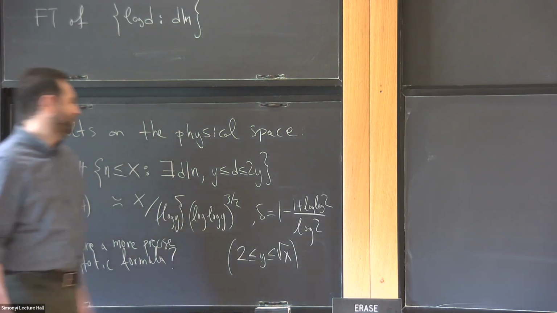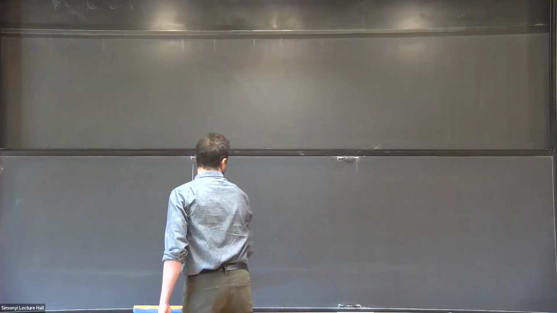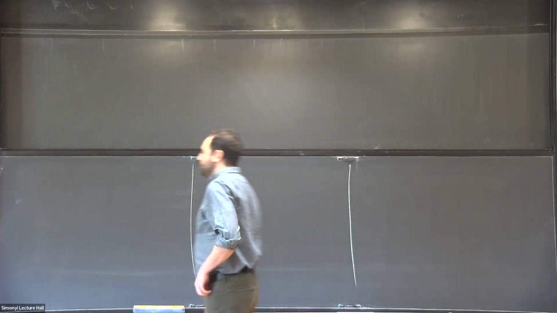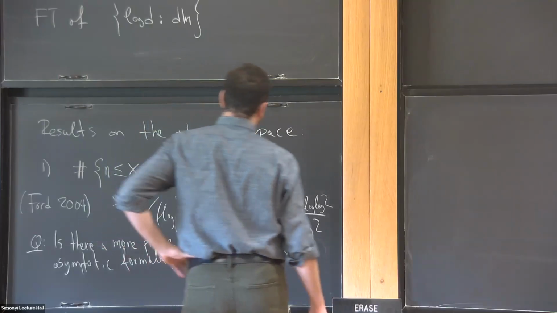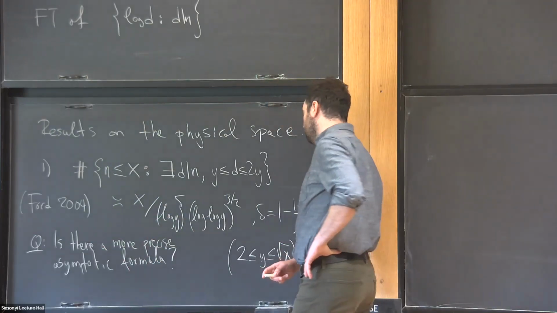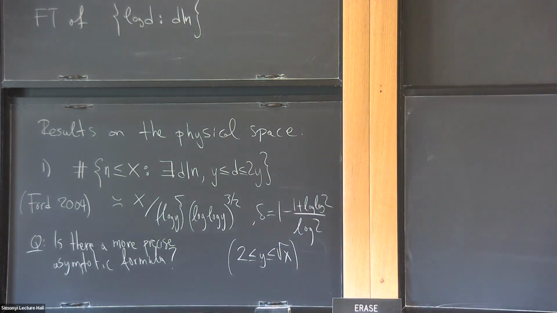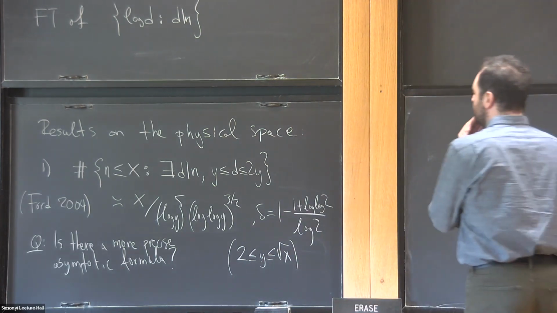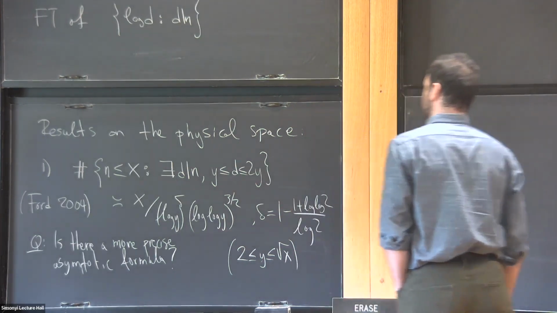Don't know. Yeah, so even if there is, I guess the easiest regime to study this question would be when y is x to the little o of 1. Would be the easiest regime because, what about small prime divisors of n?